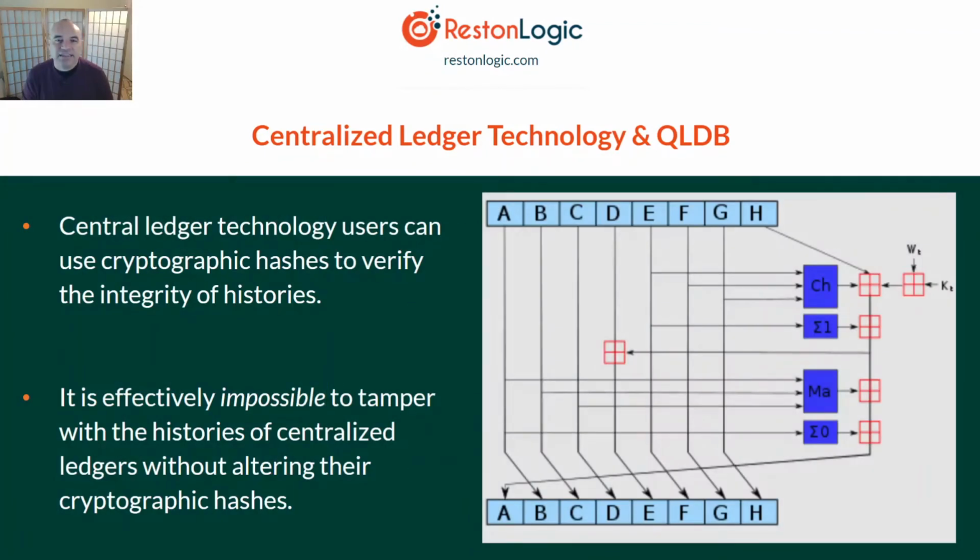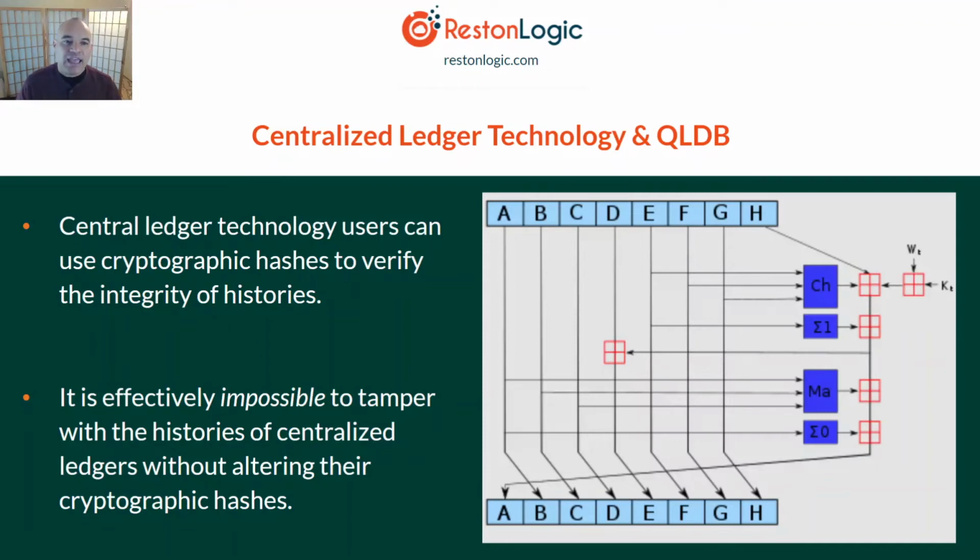Let me say a little bit about how centralized ledger technologies are able to significantly minimize trust requirements without incurring significant performance penalties. They use a type of mathematical function called a cryptographic hash. And this is a very nice practical way to verify the integrity of data, to make sure that data has not been modified, has not been tampered with.